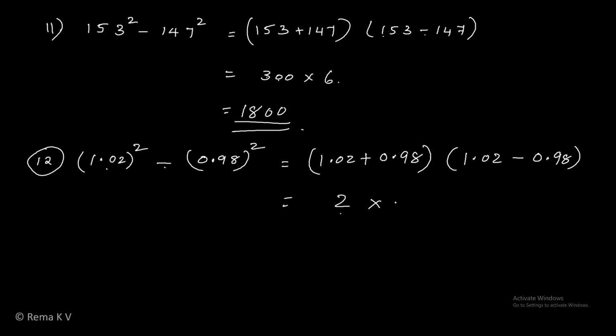It is 0.04. So to multiply these two, 2 4s are 8, then 2 decimal places required. So 0.08.